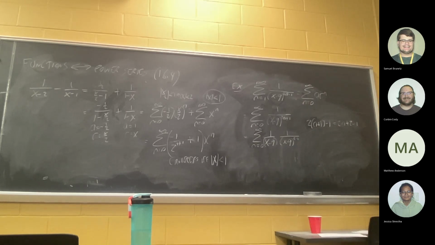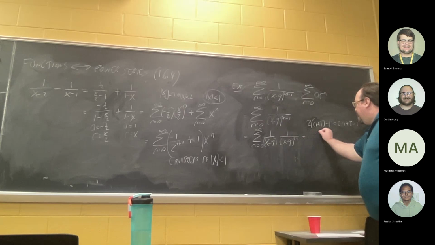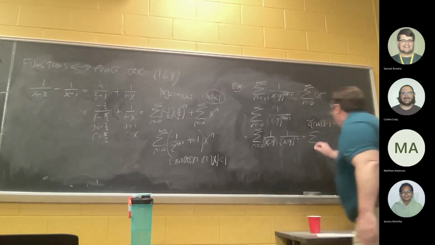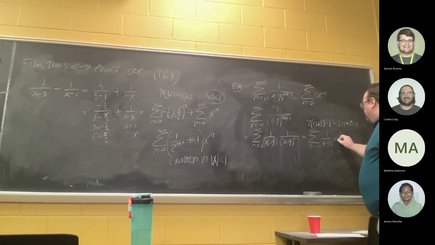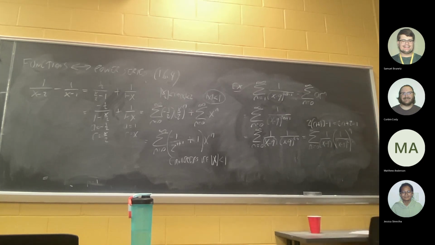But then I can write that as 1 over x minus 9, and then the other fraction will be 1 over x minus 9 squared, all raised to the nth power. Now it matches the form that I want.